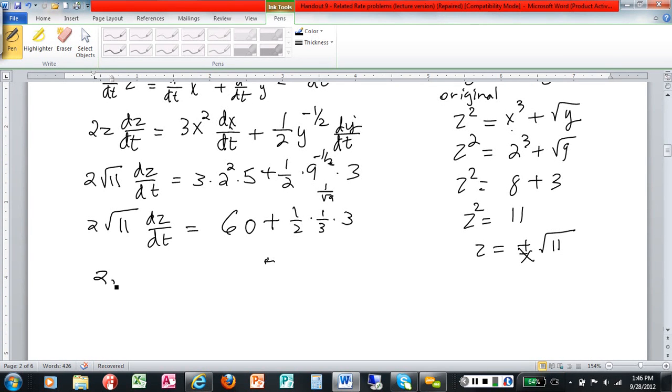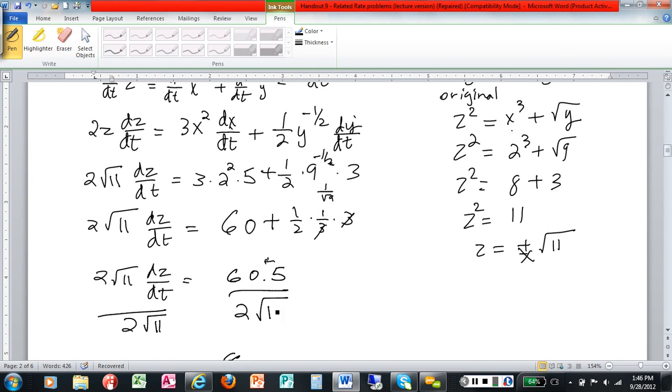So I've got 2 square root of 11 dz dt equals, well, the 3's cancel, so that's 60 and a half, 60.5. And so divide off the 2 square root of 11, and there is your lovely value of dz dt. 60.5 divided by 2 square root of 11.